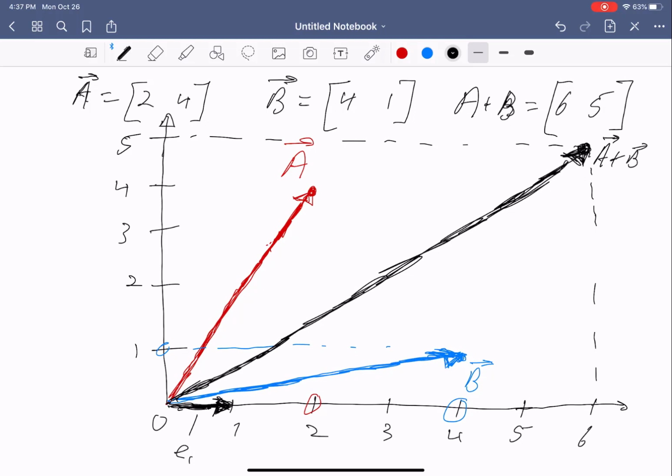All right, now what we've done is we've taken this blue vector and we're basically adding it in this fashion here to the A one. So that dotted line should be the same as this blue line. And likewise, we're going to take the A vector and we're going to add it to this one.